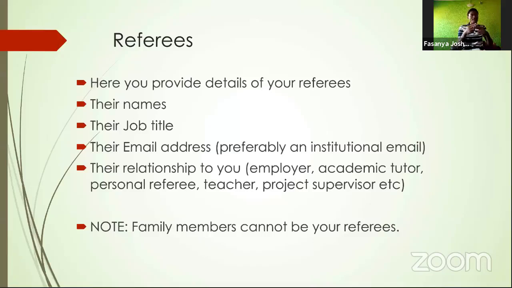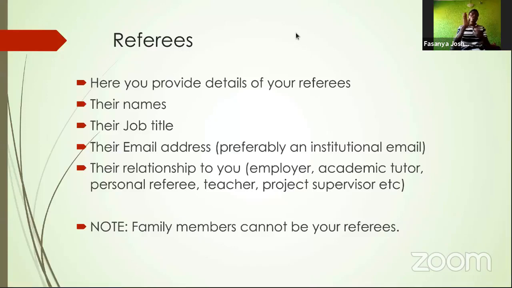And then they'll also ask you for their relationship with you. Were they your employers? Were they your academic tutors? Were they your teachers, or your project supervisors? Let me just talk about the types of references we have. There are 3 types of referee generally. Firstly, we have the academic references, and those are usually your university registrars, your lecturers in the faculty, your dean, your supervisor.